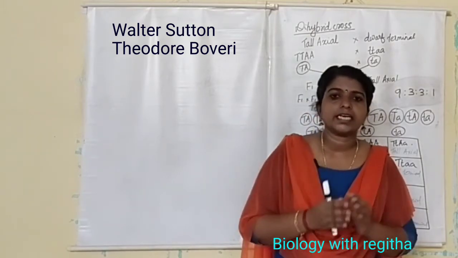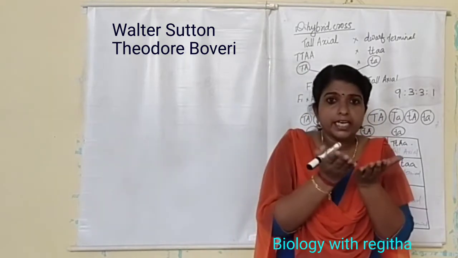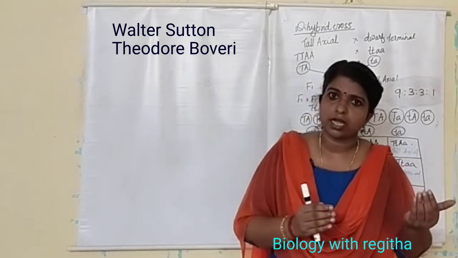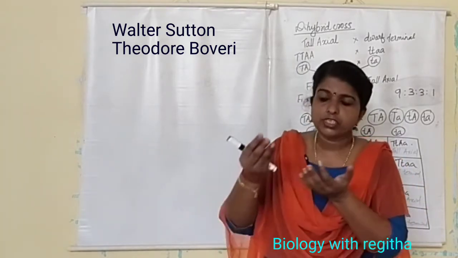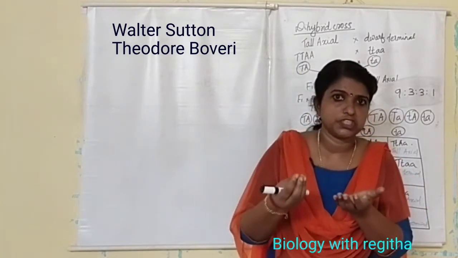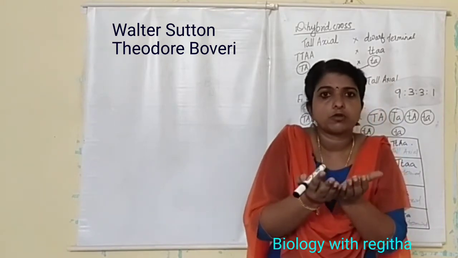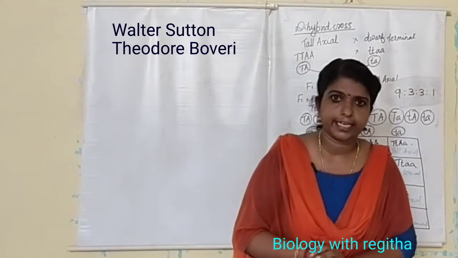Sutton and Boveri argued that the pairing and the segregation of chromosomes would lead to the segregation of the traits they carry. Because the characters are controlled by genes, and these are placed on the chromosomes, when the chromosomes segregate, that particular character will also segregate.